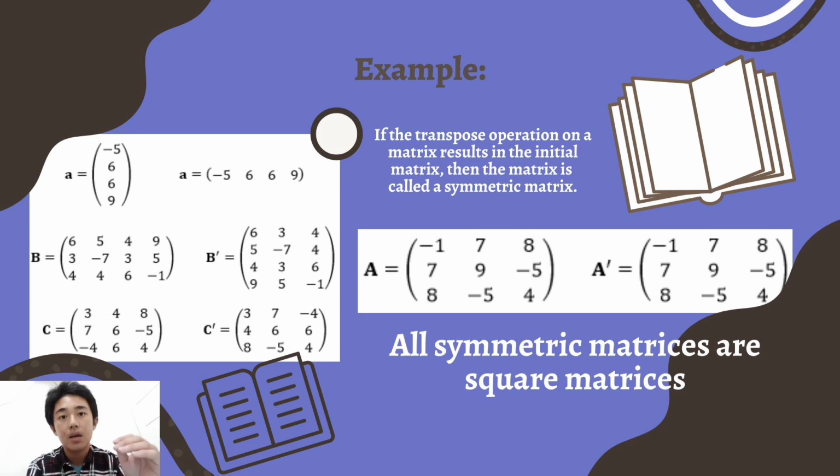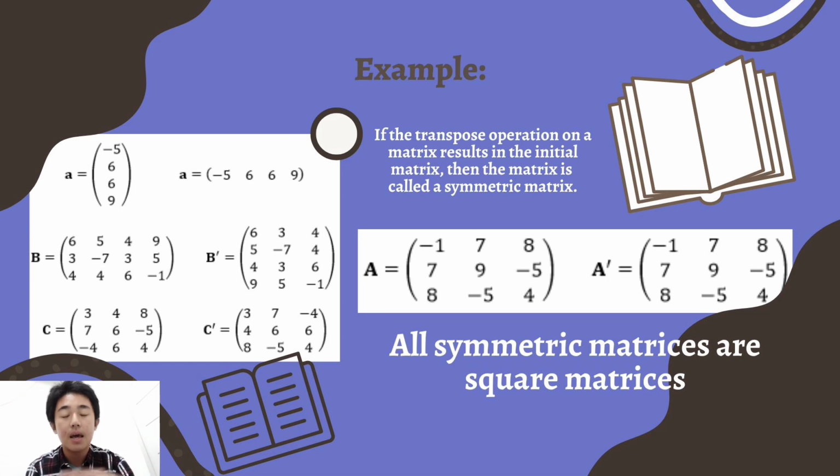So after 6, 3, and 4, we move to 5, negative 7, and 4. And we move to 4, 3, and 6. We move again to 9, 5, and negative 1. So you see here, it actually changed. The first one had 3 rows and 4 columns, but now it becomes 3 columns with 4 rows.